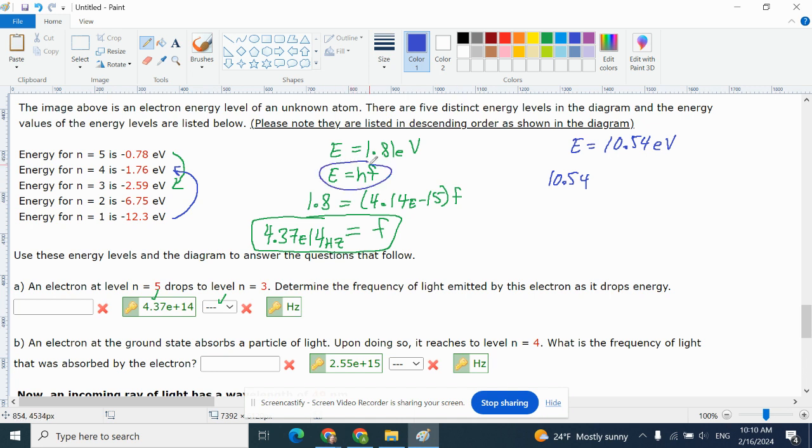I'm using E equals HF again. H will once again be 4.14 E negative 15. Go to the calculator. 2.545. So 2.55 E15 hertz.